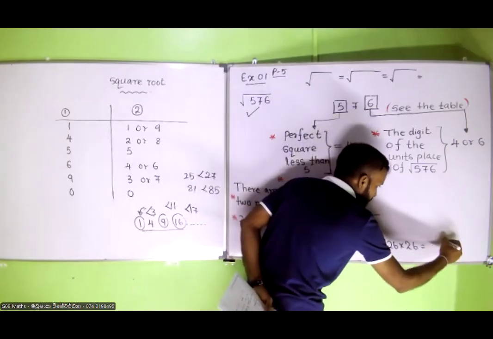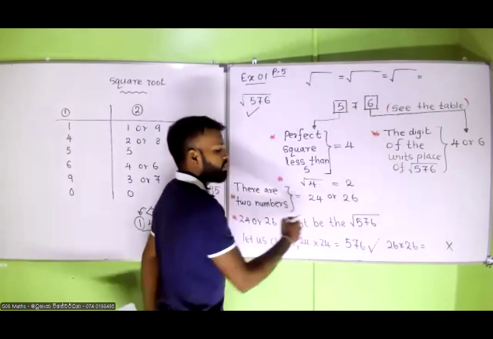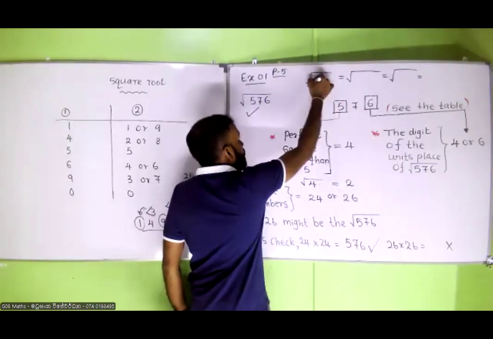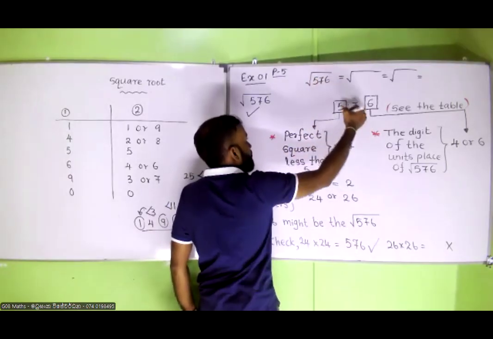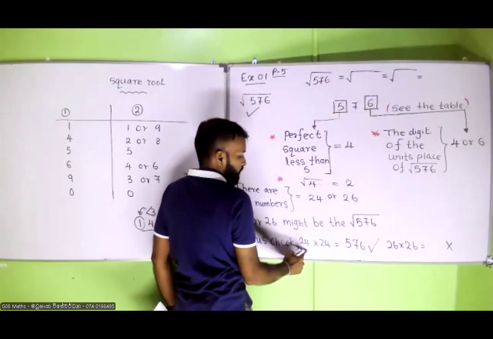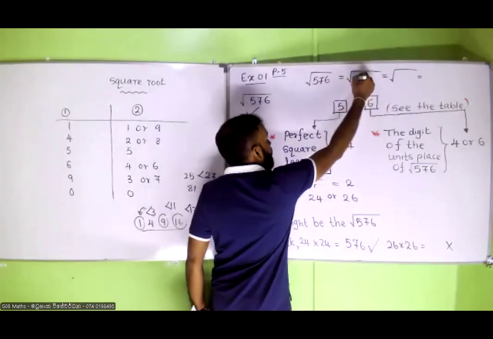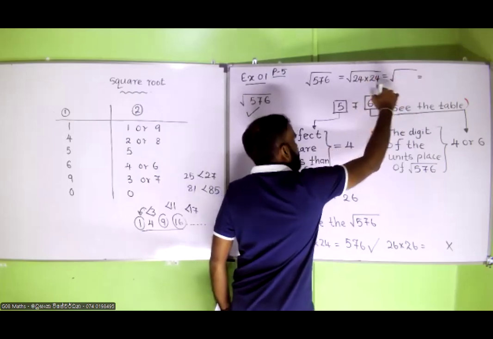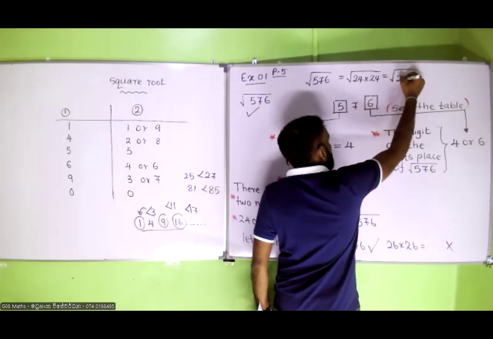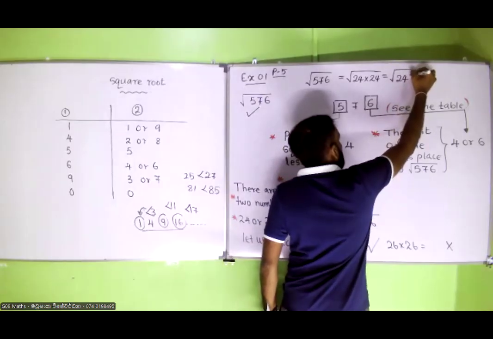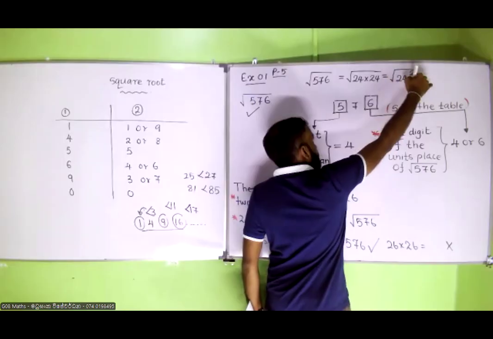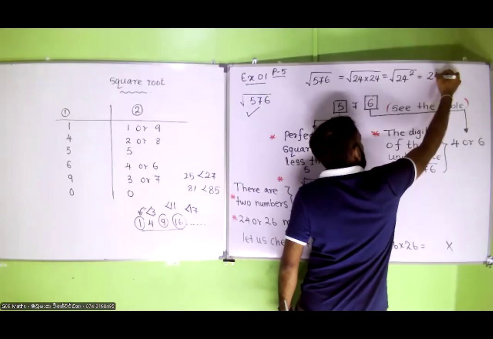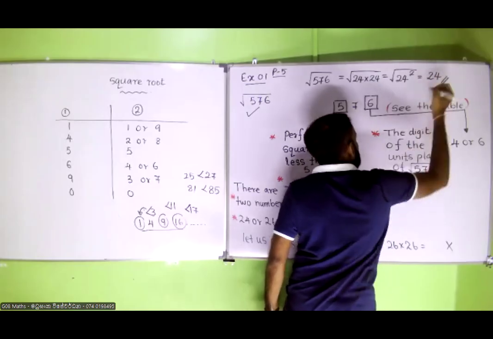No need to check the other. So the square root of 576 can be written as 24 multiplied by 24. 24 multiplied by 24 means 24 to the power 2. So cutting it, the square root of 576 is 24.